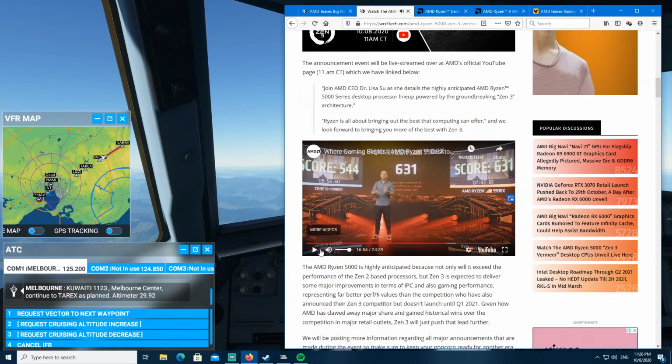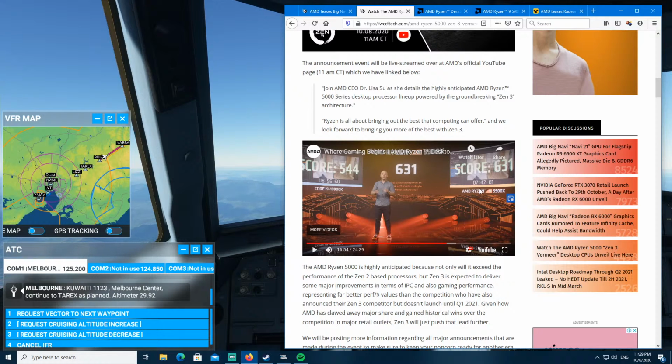And they compared it to the 10900K from Intel, so it's kind of interesting. And they got better performance. Well, the thing is, Intel is a 10-core, 20 threads, I believe, and this is 12, 24. So yeah, it's for sure.